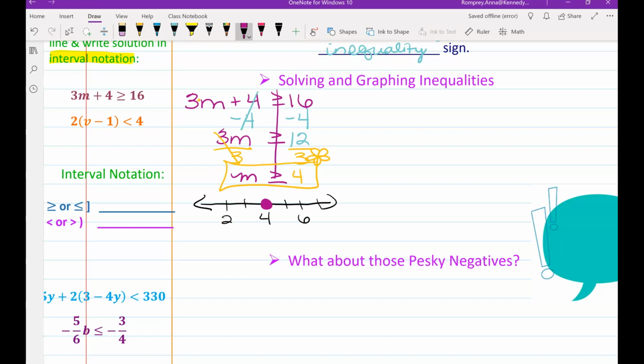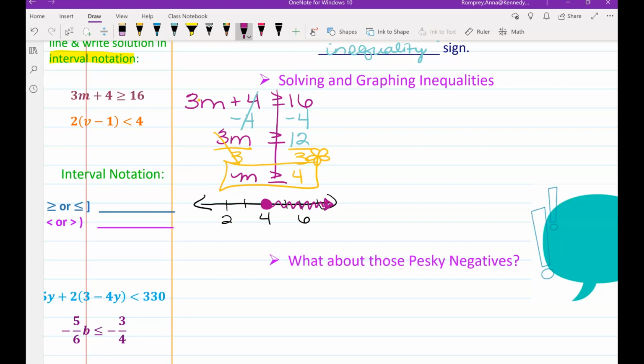So from the 4, in our solution set, 4 is included, yes. Are numbers above 4 or below 4 included? So m is greater than, so where are the numbers greater than 4? Above it. So I'm going to shade above. This is where the big difference between equations and inequalities comes into play. Inequalities, you've got a solution set.